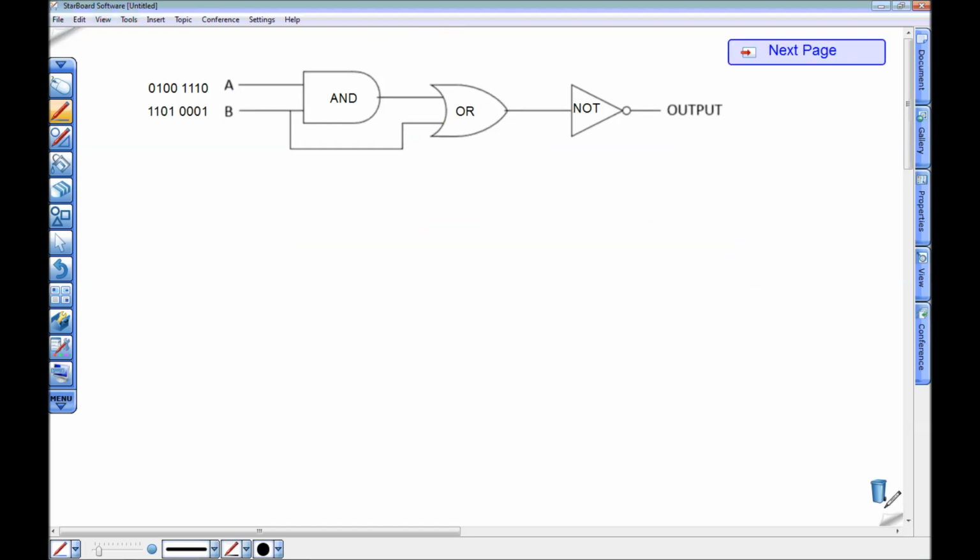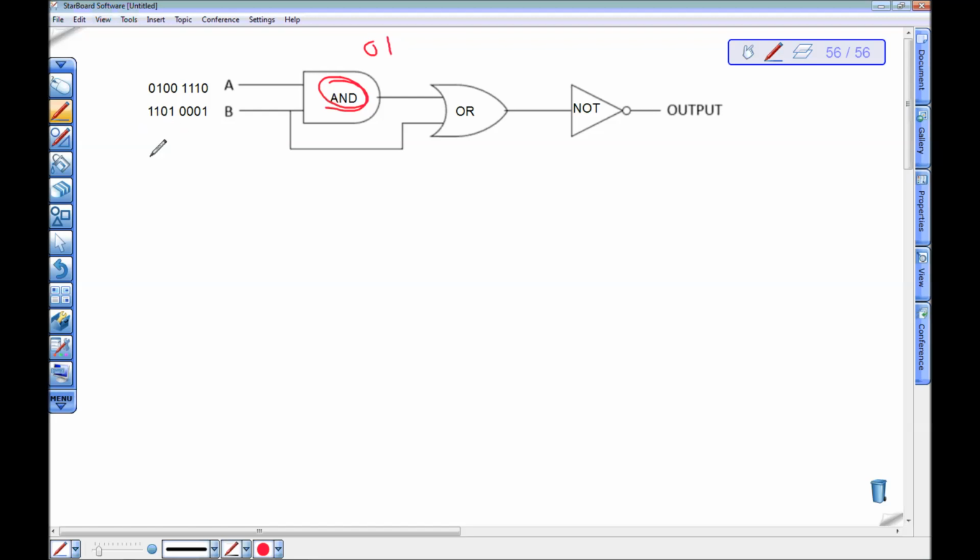So let's look at this and let's see what would happen if I fired through here 8 bits of information on each of these wires and then recorded the results. So let's just start at the left and start with this AND. So this AND is only going to be a true of 1 if both of the inputs are a 1. So I have a 0 and 1 is 0. 1 and 1 is 1.